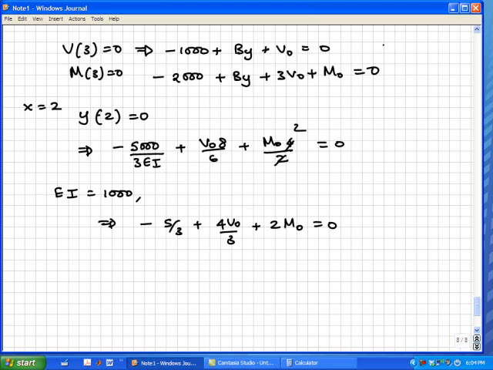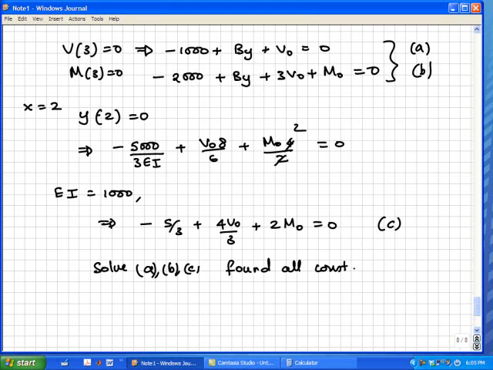We got these two, A, B, C, solve A, B and C, and found all the functions. Plot on Excel and voila.